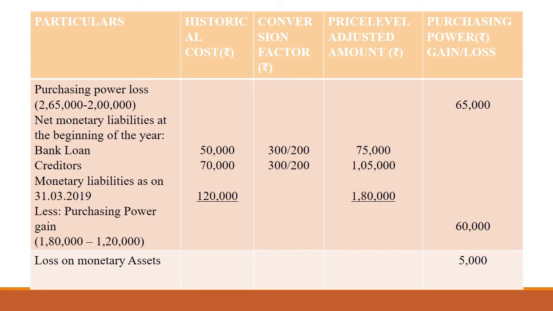Less the purchasing power, 1,80,000 minus 1,20,000, that is the liabilities alone, purchasing power amounts to 60,000. Now subtracting both assets and liabilities monetary value, the loss of monetary assets amounts to 5,000. This 5,000 is considered in profit and loss at the end for calculating the retained earnings from net profit.